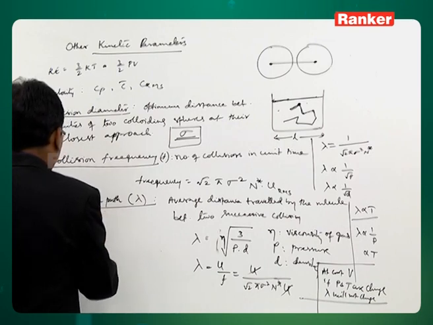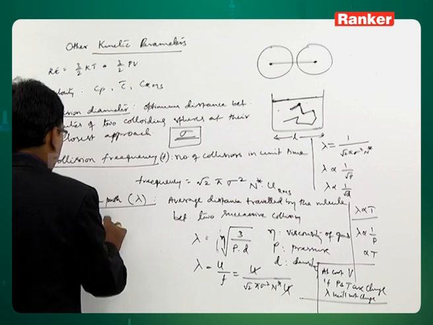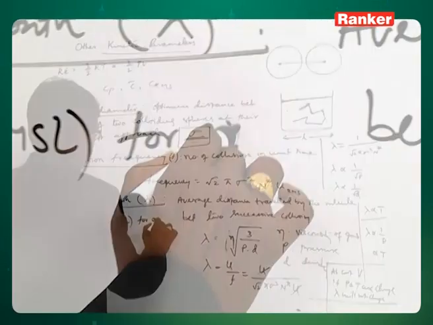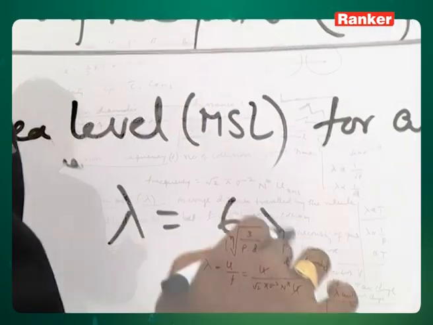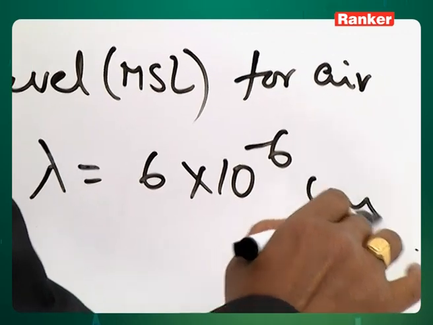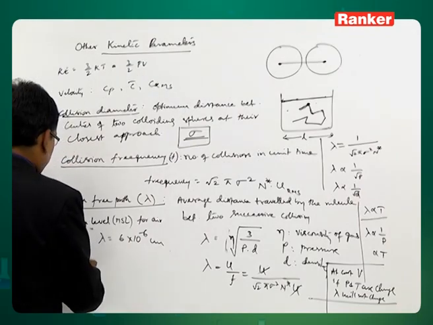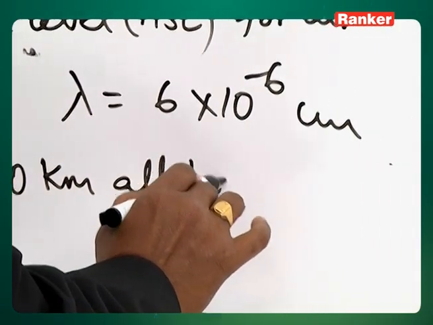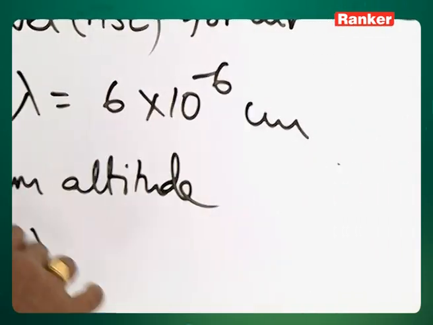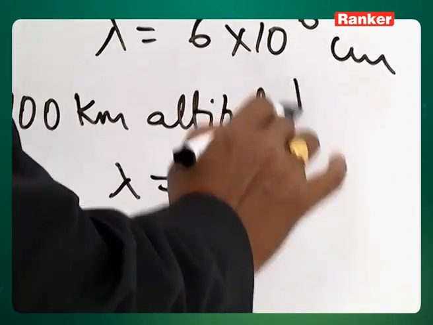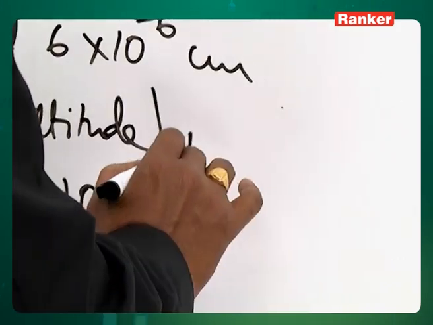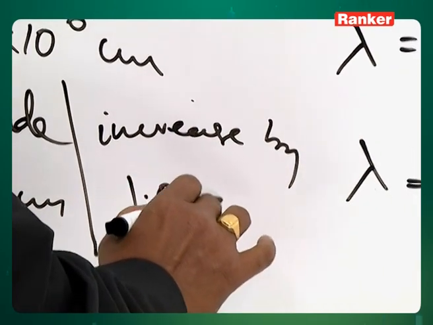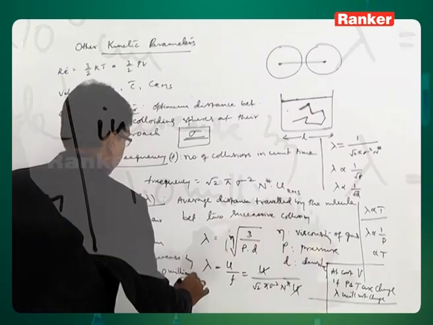At mean sea level, MSL, for air, lambda is equal to 6 into 10 power minus 6 centimeters, but at 100 kilometer altitude, lambda is equal to 10 centimeters, that means an increase by 1,000,000 times. What is the reason?